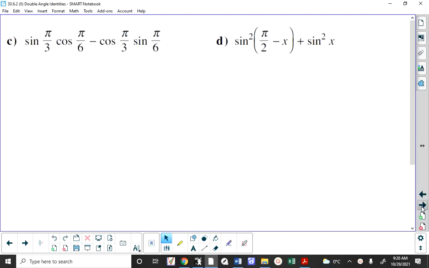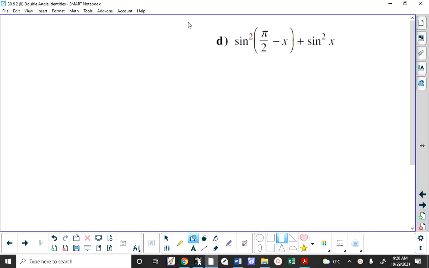So we want to simplify sine squared of pi over 2 minus x plus sine squared of x. That's the one, right? There's no identity for the square of the sine of the difference of two angles.